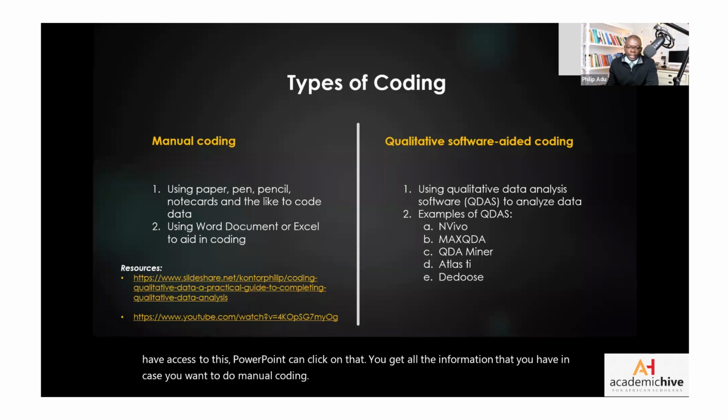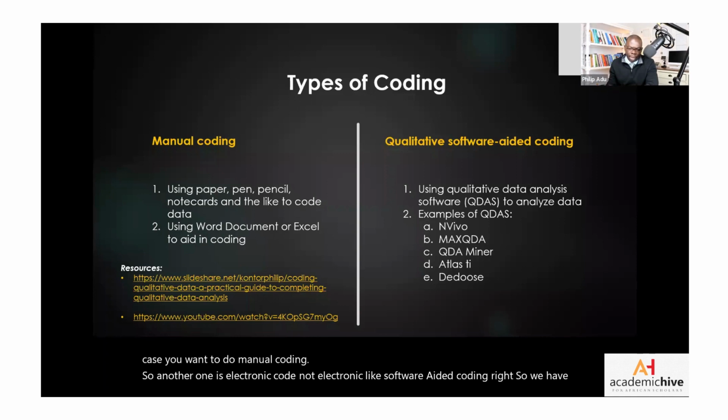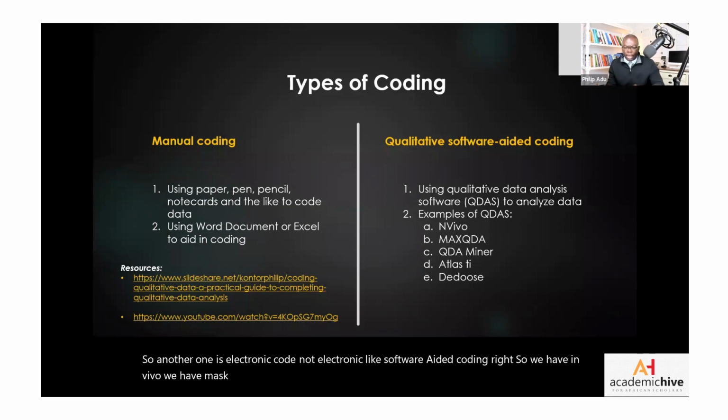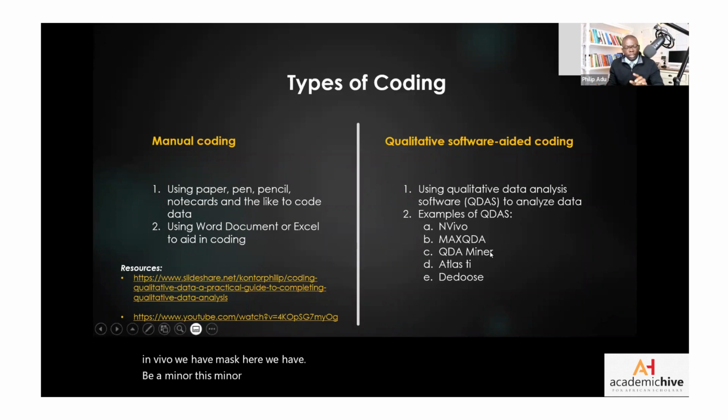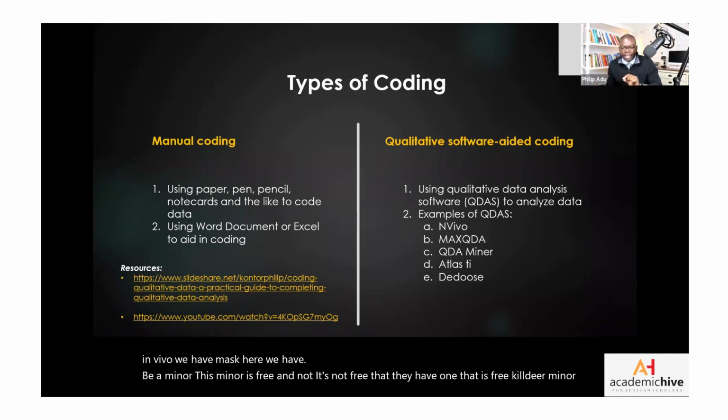So another one is electronic, not electronic, like software-aided coding, right? So we have NVivo, we have MAXQDA, we have QDA Miner. This QDA Miner is free. It's not free. They have one that is free, QDA Miner Lite, L-I-T-E.